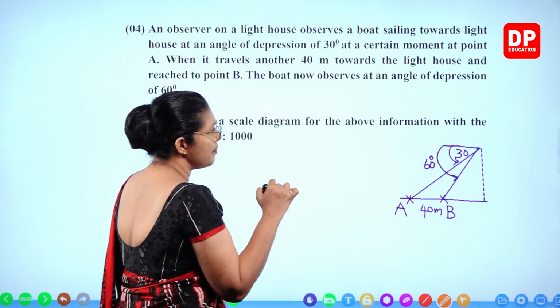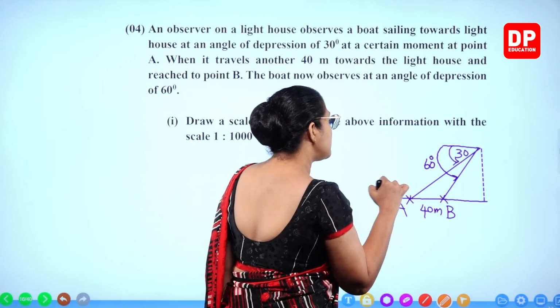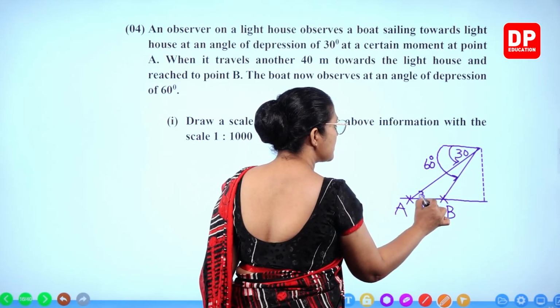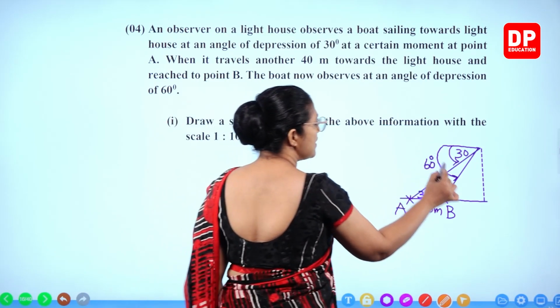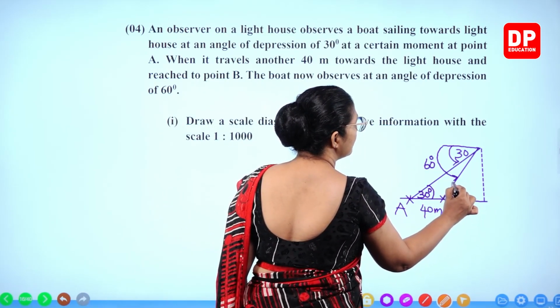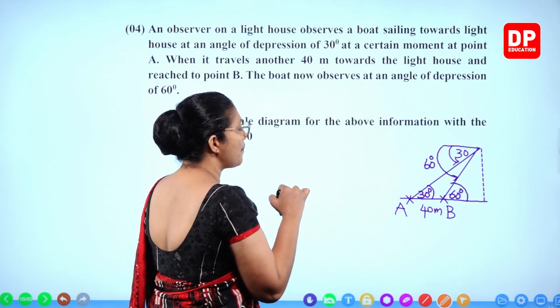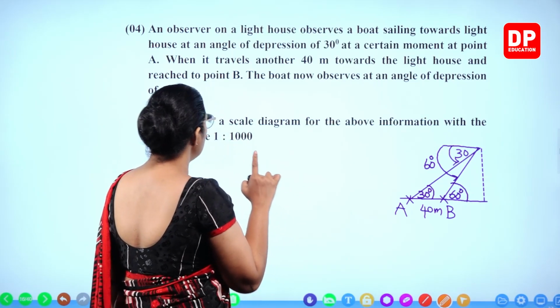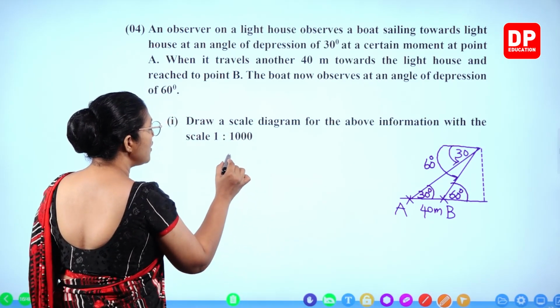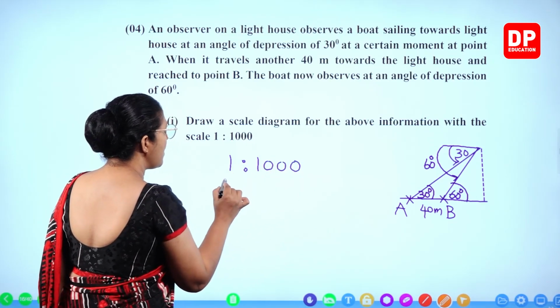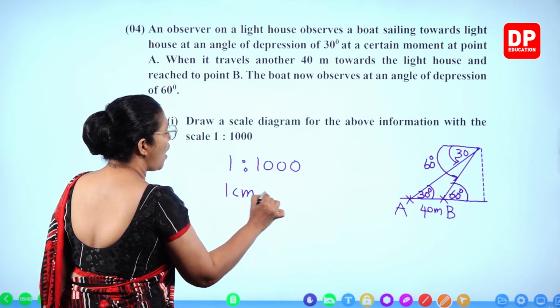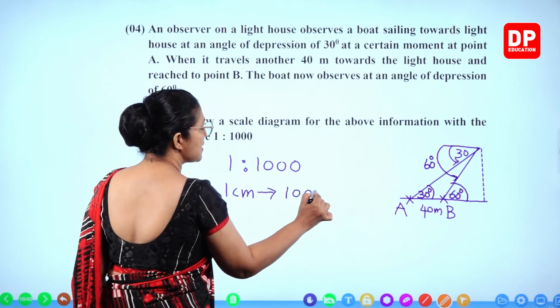Draw a scale diagram now. So here, if this is 30, this is 30. Alternate angles are equal. Then if this is 60, this is 60. Now you have to consider the scale. 1 to 1000, what does it mean? 1 centimeter represents 1000 centimeters.